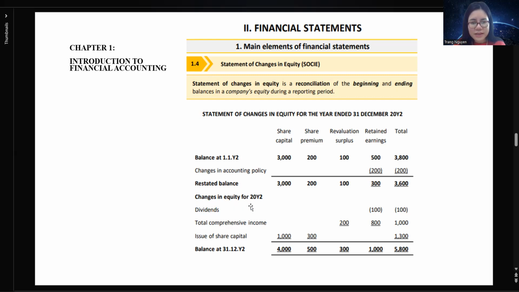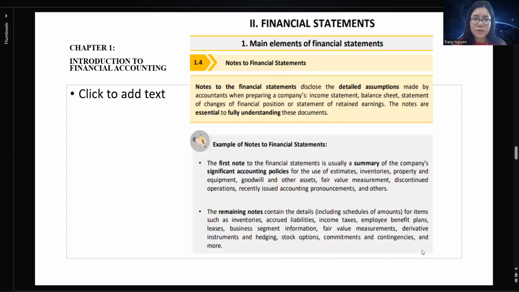As you can see, the changes in equity for year 2 may be dividends, total comprehensive income, or issue of share capital. When we include all the factors here, we will get the balance at the end of year 2, like this. So you can take it for reference.